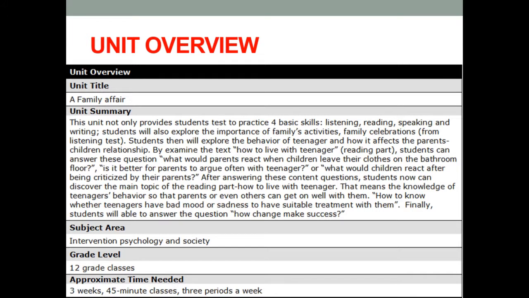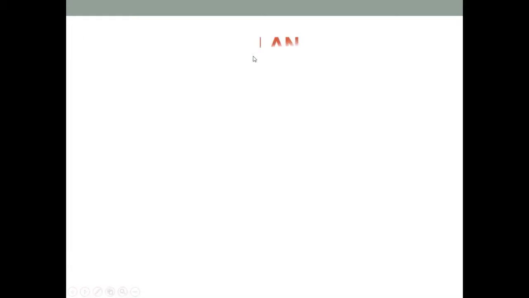After answering the content and unit questions, students will be able to answer the essential question, how can change make success? Okay, let's move to the last part of my presentation, the assessment plan.